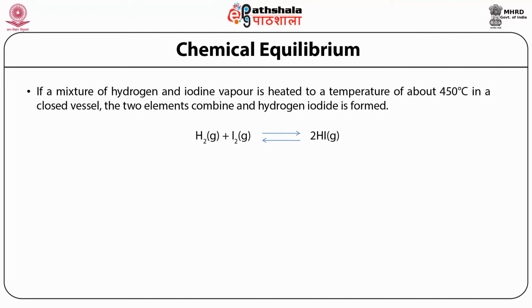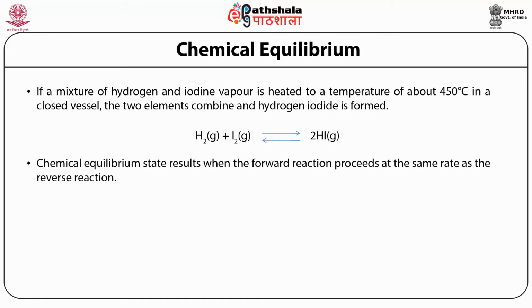This is an example of a reversible reaction in the gaseous phase: hydrogen molecule in gaseous phase plus iodine molecule in gaseous phase form two molecules of hydrogen iodide in gaseous phase, as shown in the following equation.